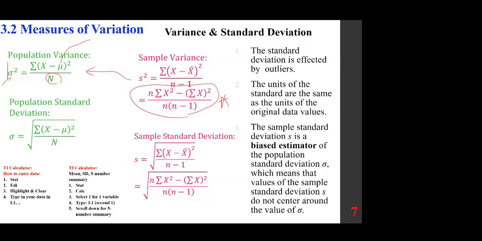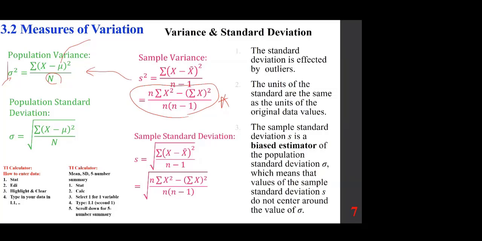Then you can check by going to Stat, Calculate, select 1 for one variable, and type L1. To do that, you press second 1 to type it. And you can see the summary if you scroll down. I highly recommend you try it on your own when you have a piece of data and you want to calculate something. See if you can use your calculator that way. It's fairly nice and easy.